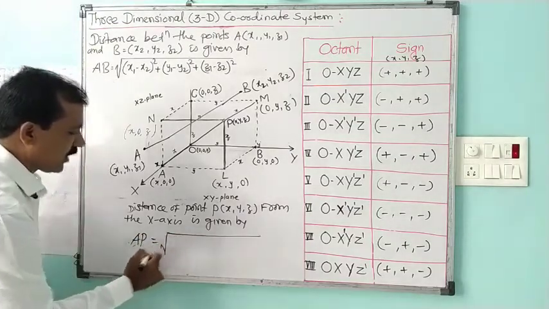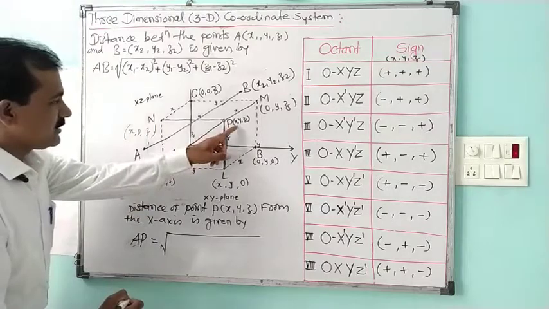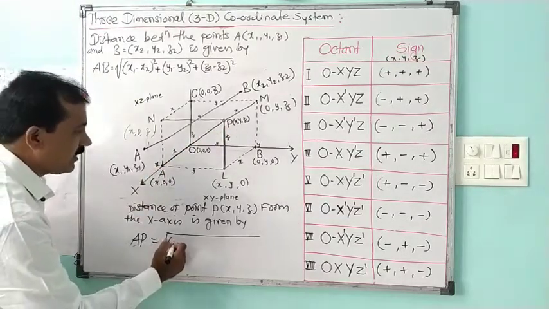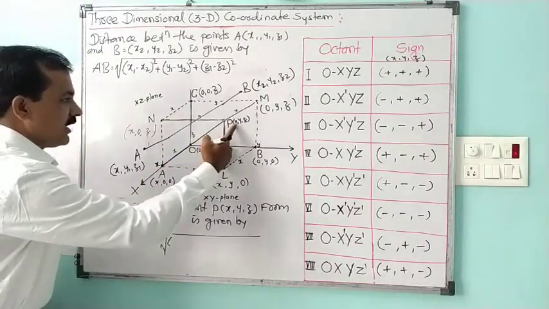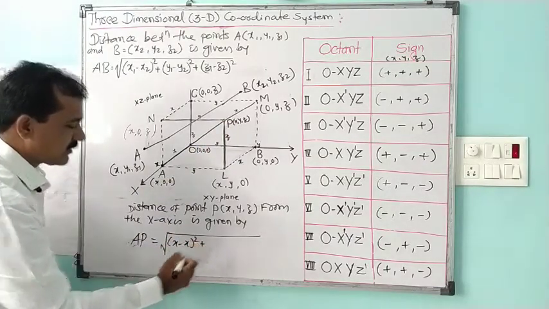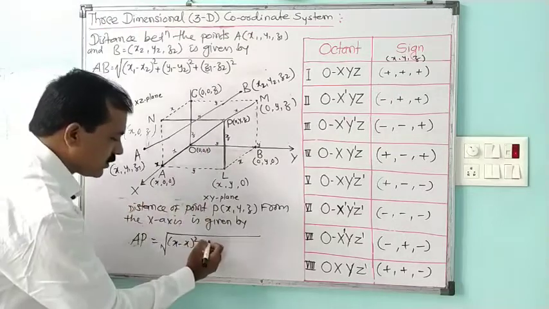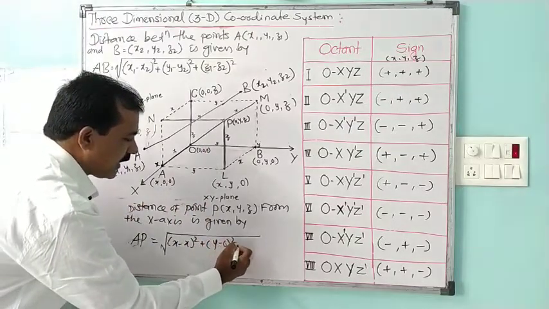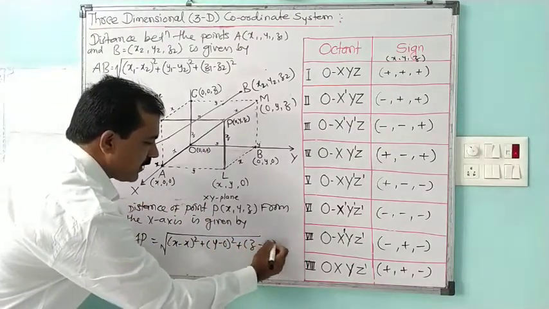This is the distance of that point from the x-axis, and taking the formula the same way, we have the distance as the root of x minus x whole square, y minus 0 whole square, and z minus 0 whole square.